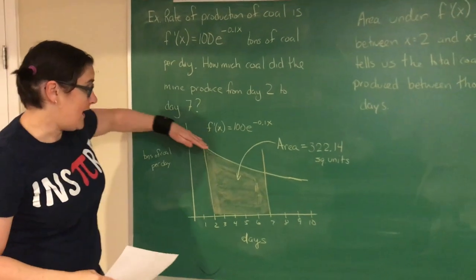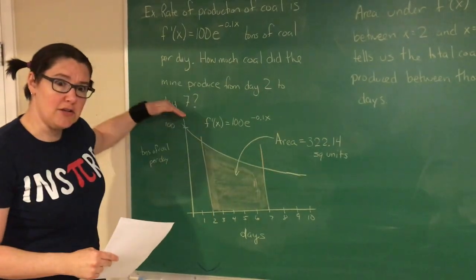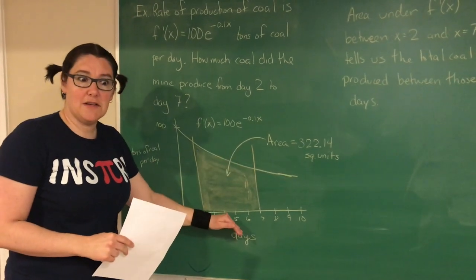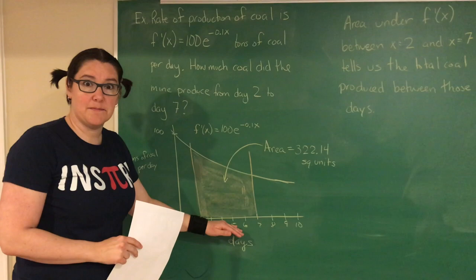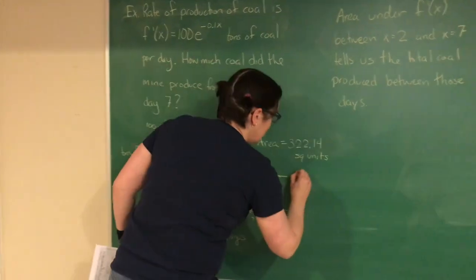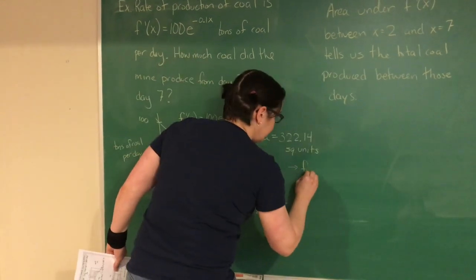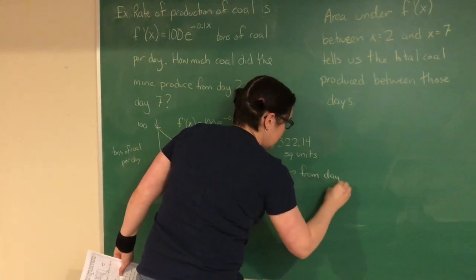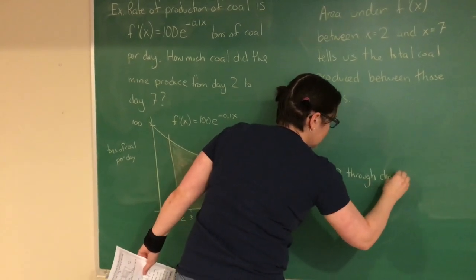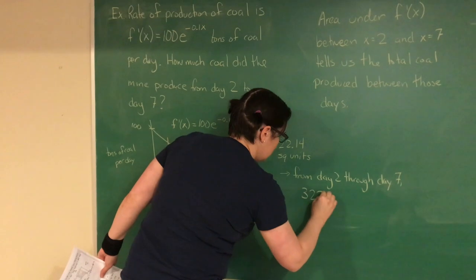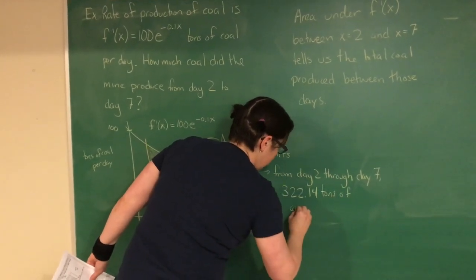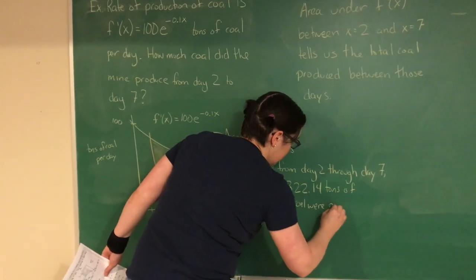And because our graph is a rate of change of coal, the area under this graph tells us how much coal is produced. So this area being 322.14 square units tells us that from day 2 through day 7, 322.14 tons of coal were produced.